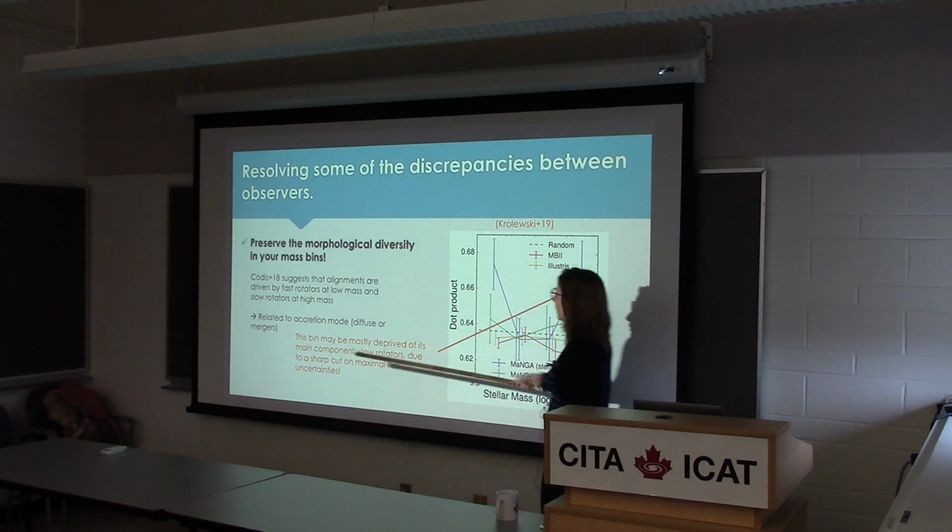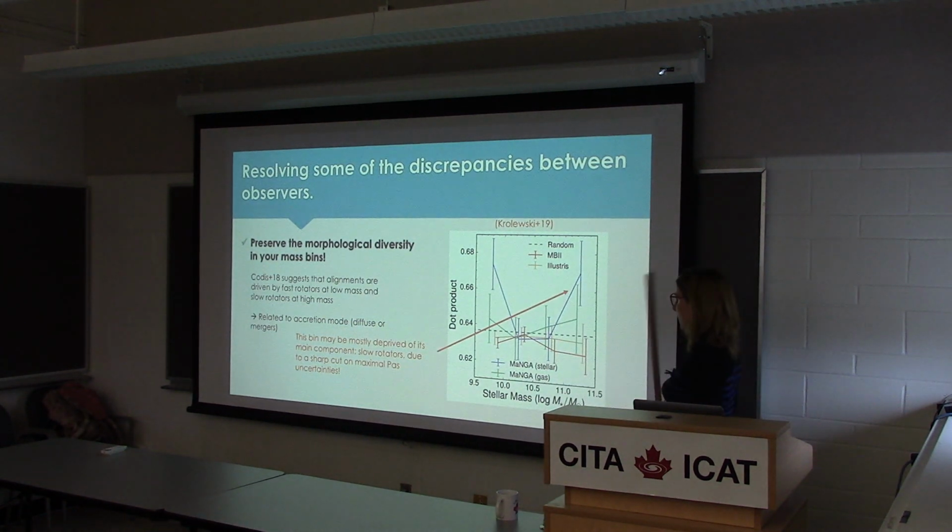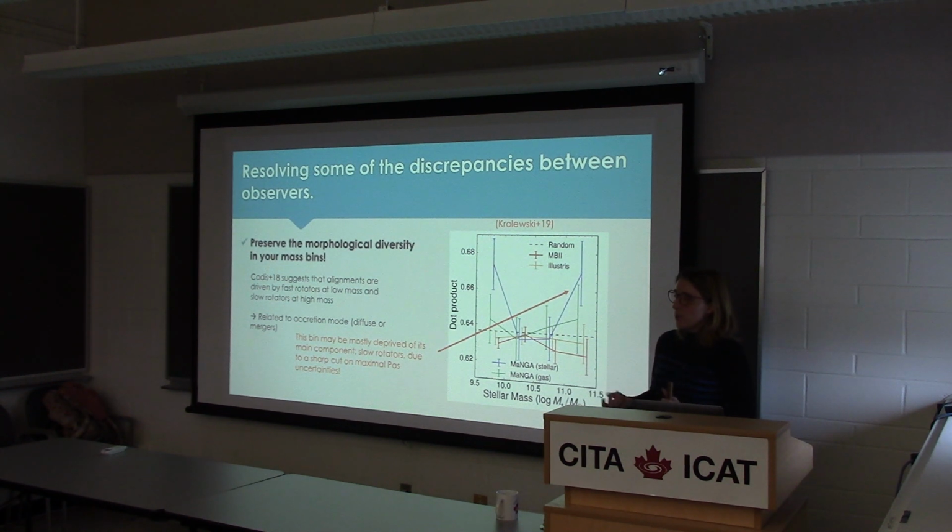And slow rotators at high mass is very important in integral field spectroscopy because in this kind of survey, you are worrying about whether your position angle is well resolved. And a case where it can be not so well resolved is when you have slow rotators, even at high mass. So there's a tendency in IFS studies to be very, very strict about how well you want your position angle to be resolved. And this leads to basically depriving the high mass sample of any slow rotator.